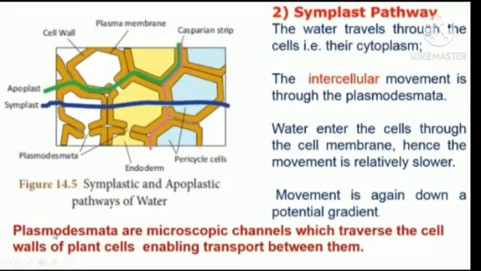The small gaps present in between are called plasmodesmata. They are microscopic channels which traverse the cell walls of plant cells, enabling transport between them. Apoplast is mentioned as the green-colored channel, symplast is mentioned as the blue-colored route.